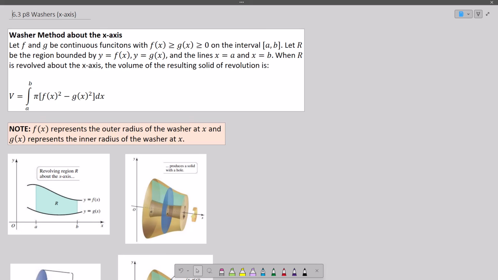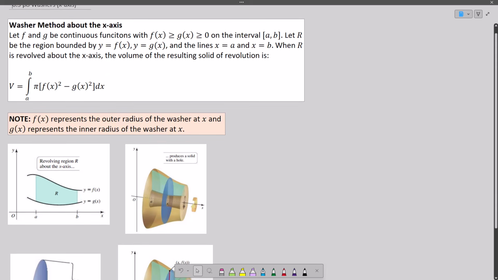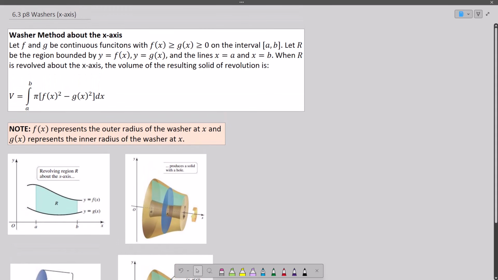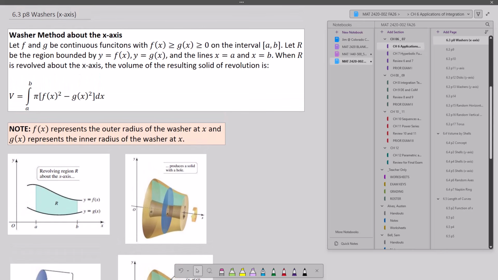Now, we can generalize the disk method to this method that we're going to call the washer method. With the disk method, every cross-section was a disk. Well, the only way we're generating a disk is if our region is touching one of the axes.